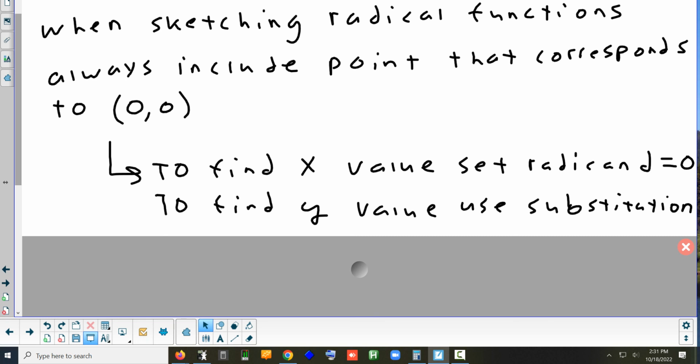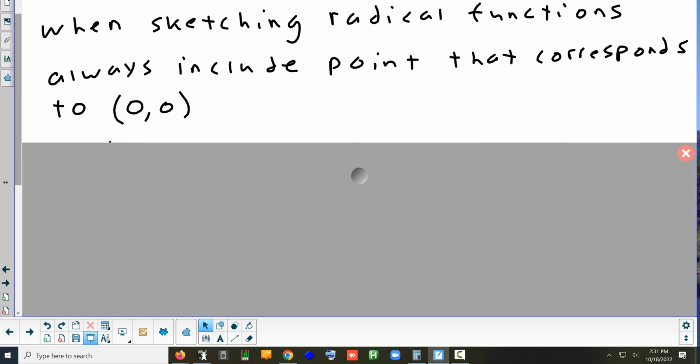So the first thing that you want to do is find the point that normally would be at the origin. For an even root, it looks like that. I call this a start point because that's the point that it starts at and it goes in one direction.